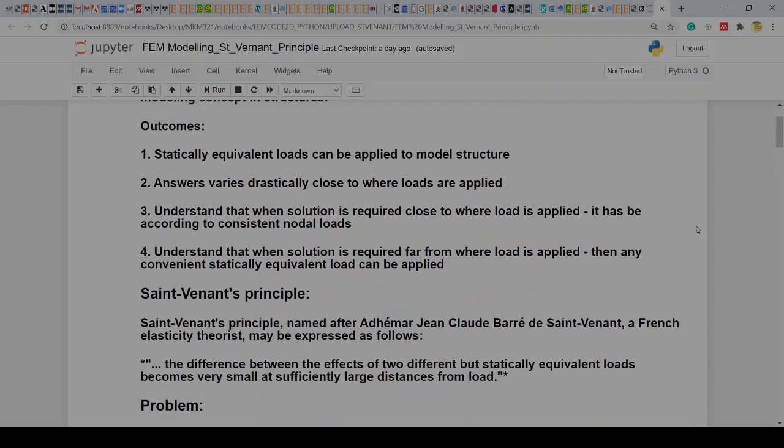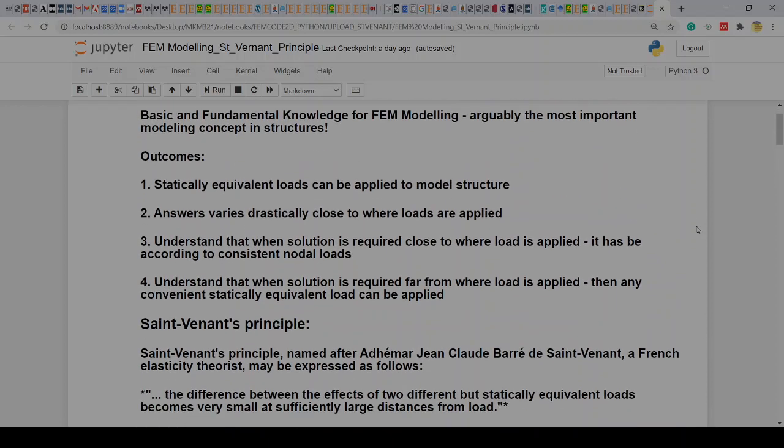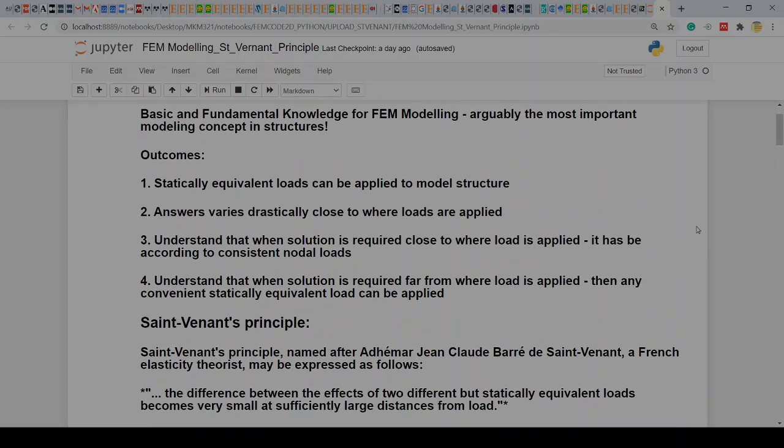Really powerful message that Saint-Venant's principle is sending. It really allows you to distinguish between where you should put your modeling effort and where you can make modeling simplifications. It's really the vehicle that allows you to make those decisions.